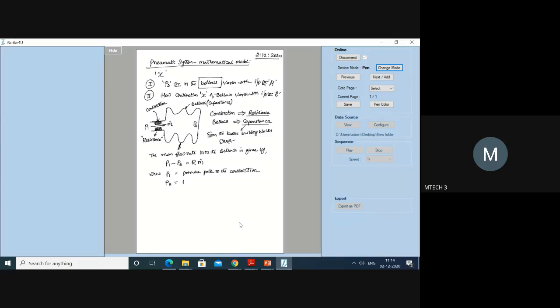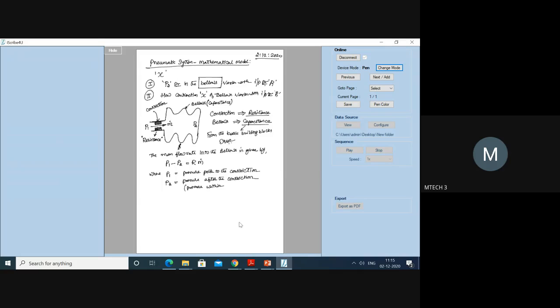P2 is equal to the pressure after the constriction. The pressure after the constriction is nothing but the pressure within what element?